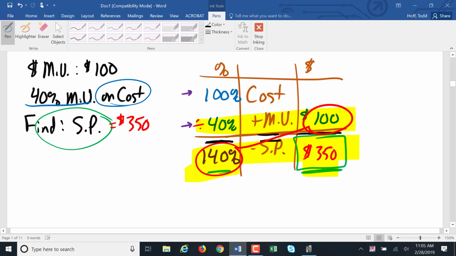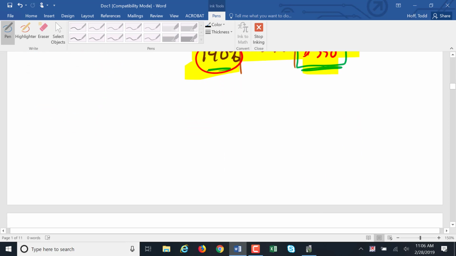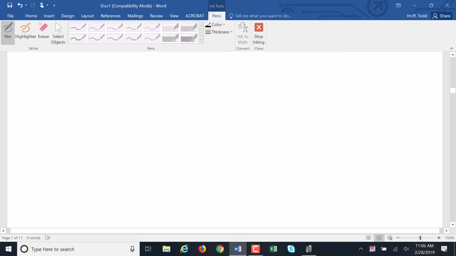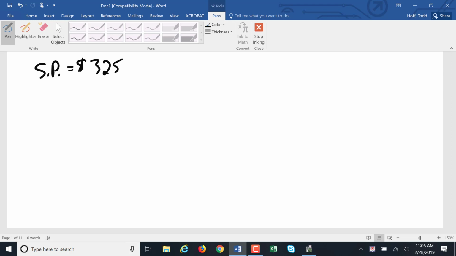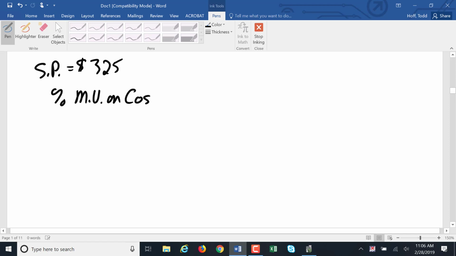We can run into problems where we are given a selling price of $325, and we have a percent markup on cost of 30%, and we're asked to find the cost.